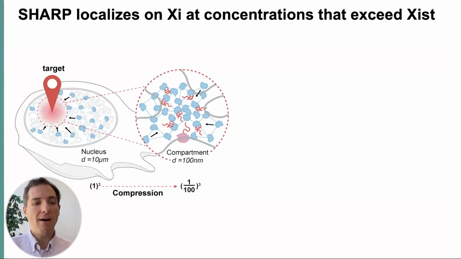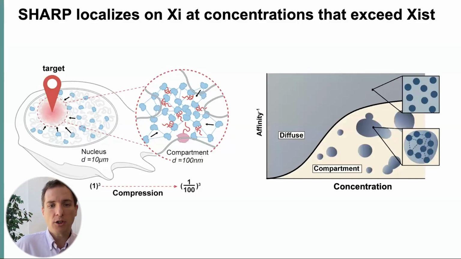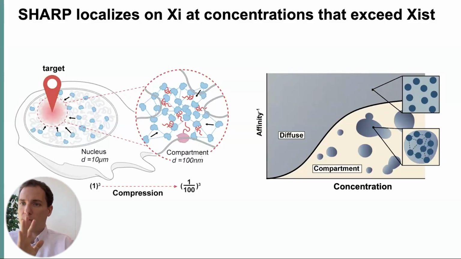So for example, if you have a 100-fold reduction in the radius, you would have a 100 cubed increase in the effective concentration of molecules within that compartment, because you have volumetric compression. And if you can concentrate molecules and proteins within such a compartment and drive high local concentrations, we now know that many different proteins can undergo concentration-dependent phase transitions to form condensates.